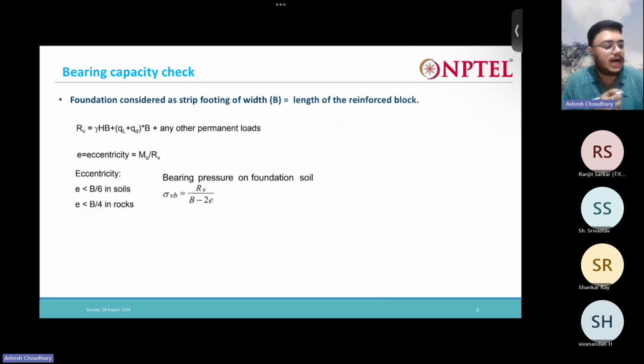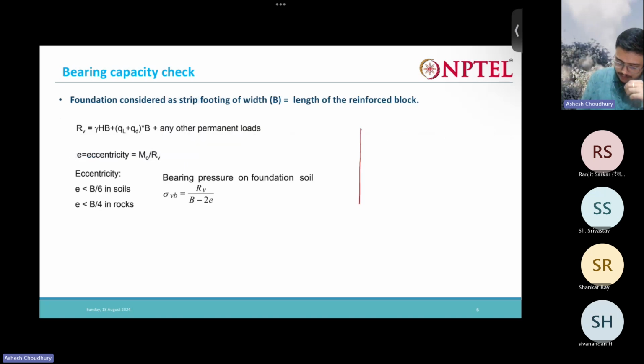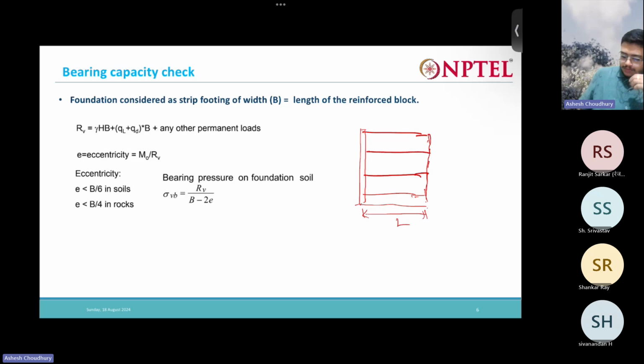Now the third thing is the bearing capacity check. To calculate the bearing capacity, we have the wall and the reinforced block here, with length L. What is the pressure that is acting?